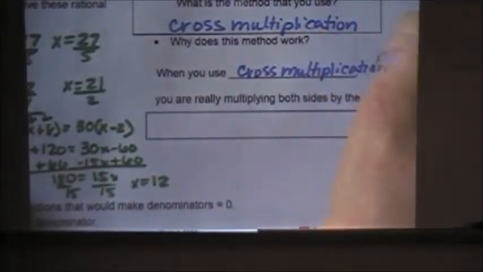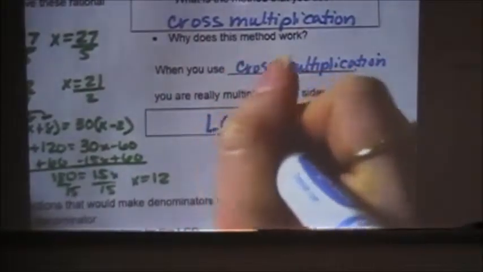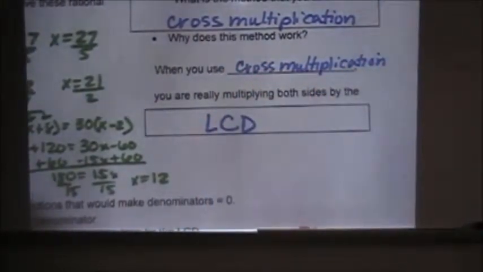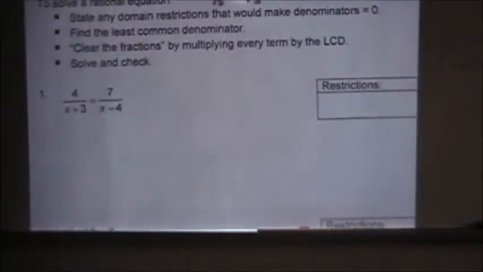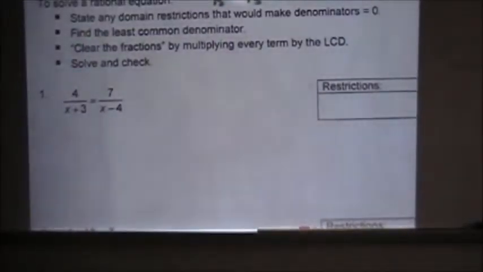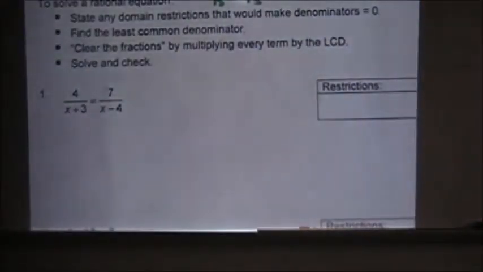what you are actually doing is multiplying both sides by the LCD. And we've already worked on finding an LCD. Now, if you're dealing with a problem like number 1 down here, of course you can just cross multiply and find the answer like you're used to. But for the purposes of this activity and these notes, we are not going to simply cross multiply, and that's because cross multiplication only works across an equal sign.